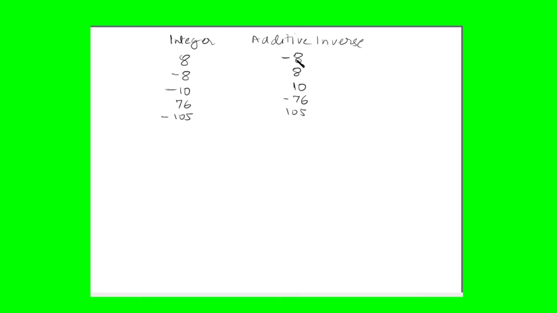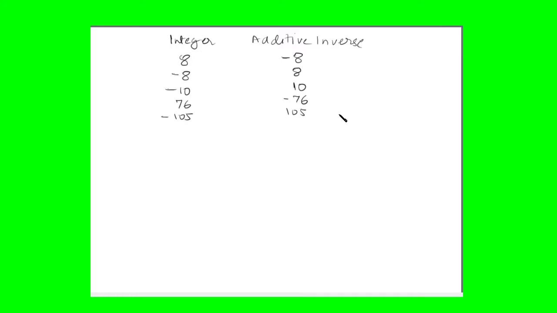8 and minus 8 are additive inverses because when we add 8 plus minus 8, we get 0. Similarly, when we add minus 10 and 10, we get 0. 76 added to minus 76 gives 0. 105 added to minus 105 gives 0.